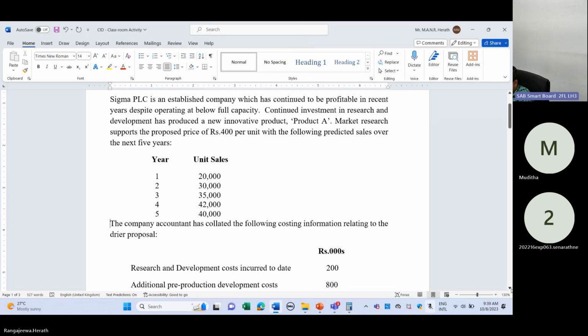Continued investment in research and development has produced a new innovative product, product A. Market research supports the proposed price of 400 per unit, with predicted sales over the next 5 years: 20,000, 30,000, 35,000, 42,000, 40,000. The company accountant has collected the following costing information related to the proposal.